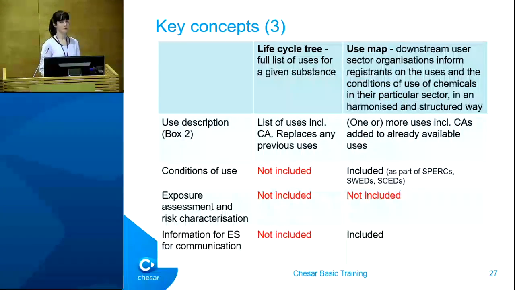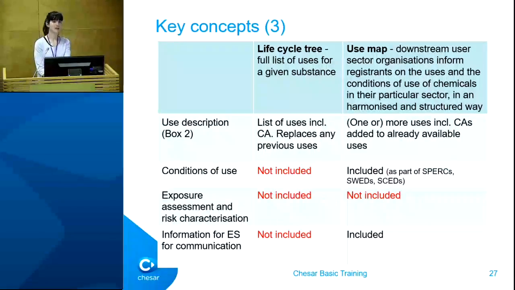There are different ways to build up your life cycle tree. If you have already worked with Chesar, then you might have some life cycle trees already, and you can export the life cycle tree from one substance and then import it into another substance if it is relevant.